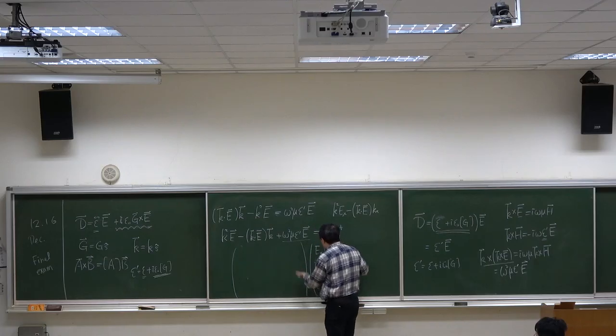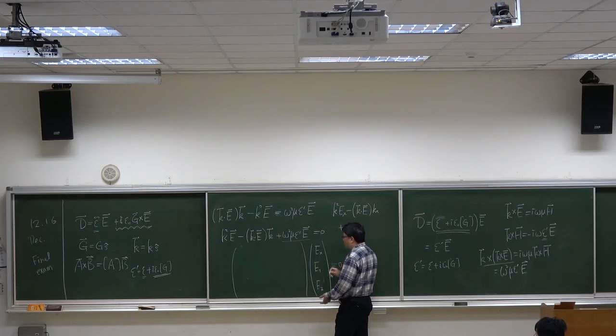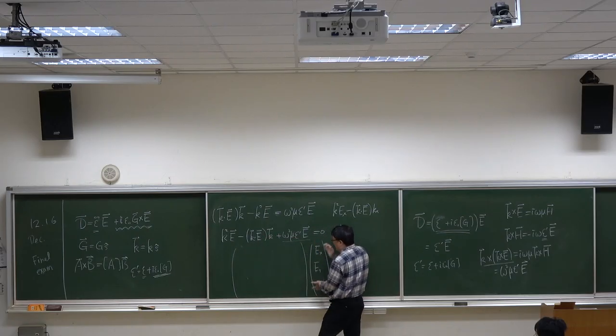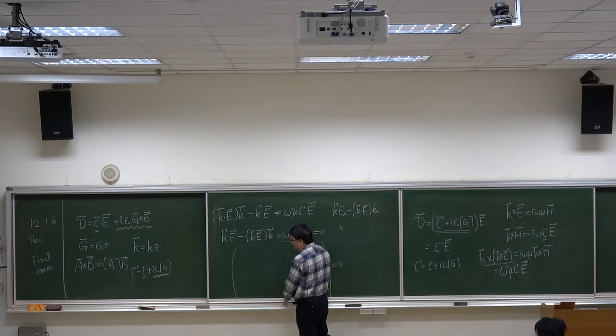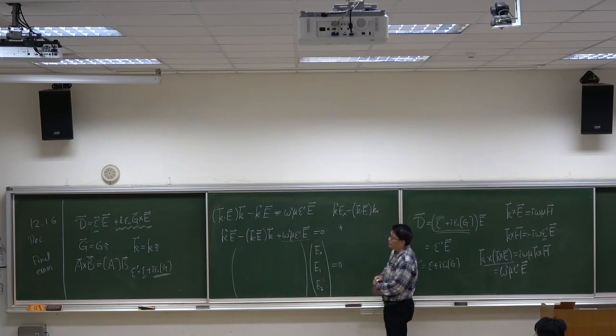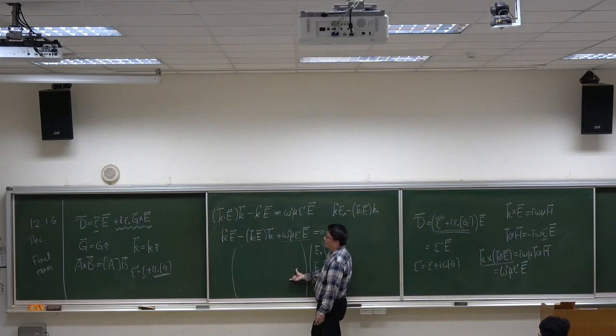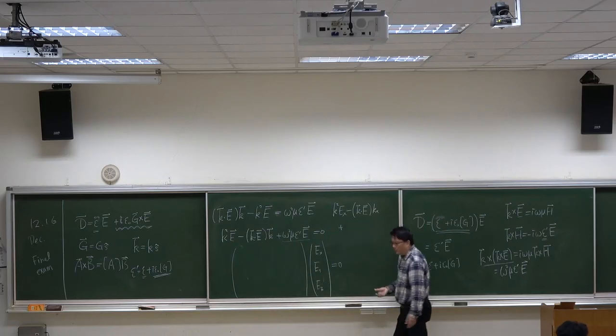However, we can still try to find a solution. We just add this, which indicates that the determinant of this matrix is equal to 0. And this gives us the new modified Fresnel's equation with normal. Okay.